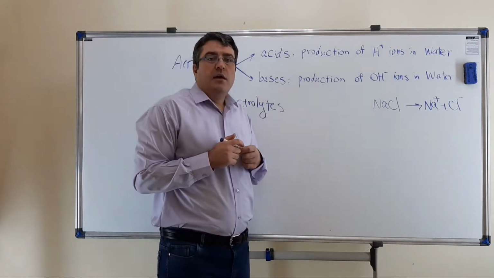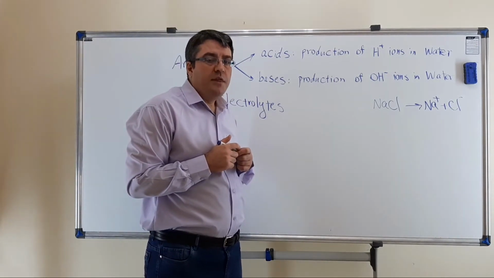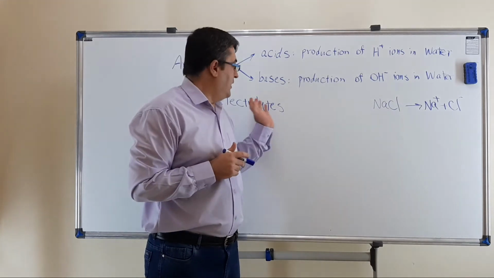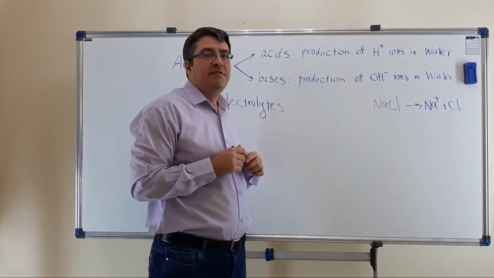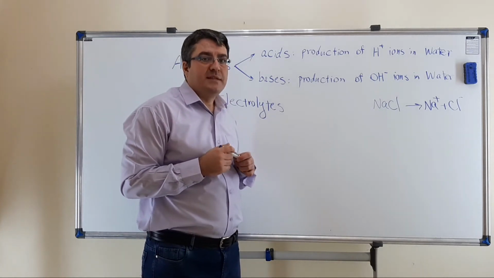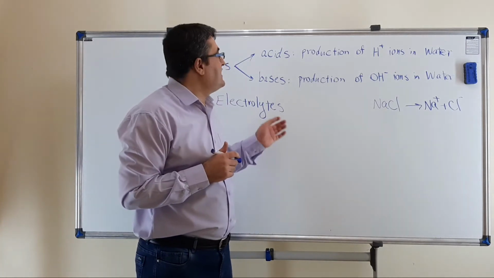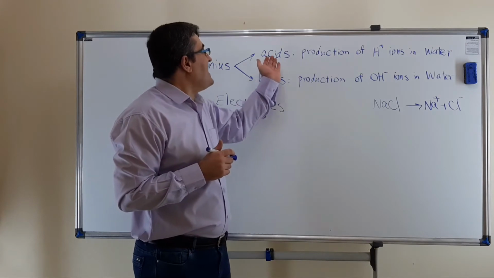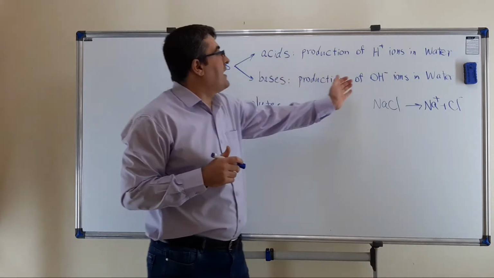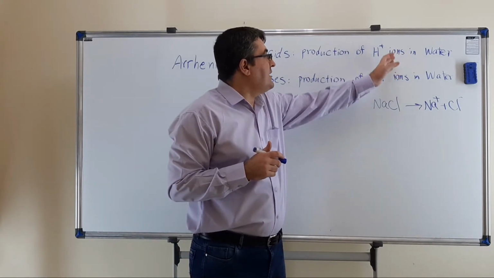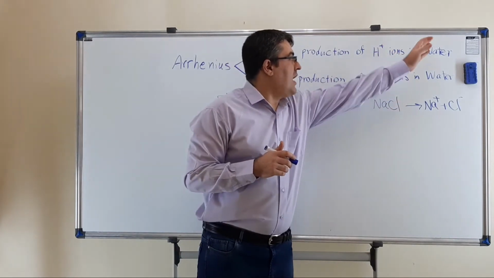Based on his works on electrolytes and ionic dissociation, Arrhenius developed his acid-base definition, and it is easy to see that Arrhenius acids and bases have a kind of ionic dissociation in water.